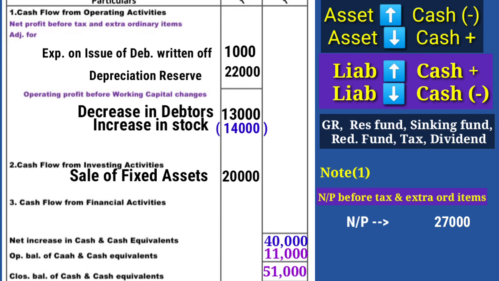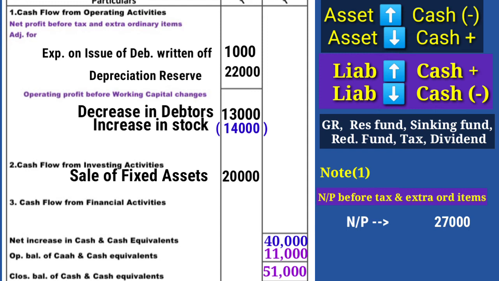Any general reserve, reserve fund, sinking fund, debenture redemption fund, tax, dividend, all will come in note 1. Here general reserve is shown on the liability side of the balance sheet. If liability increases, cash balance also increases. If liability decreases, cash balance also decreases.